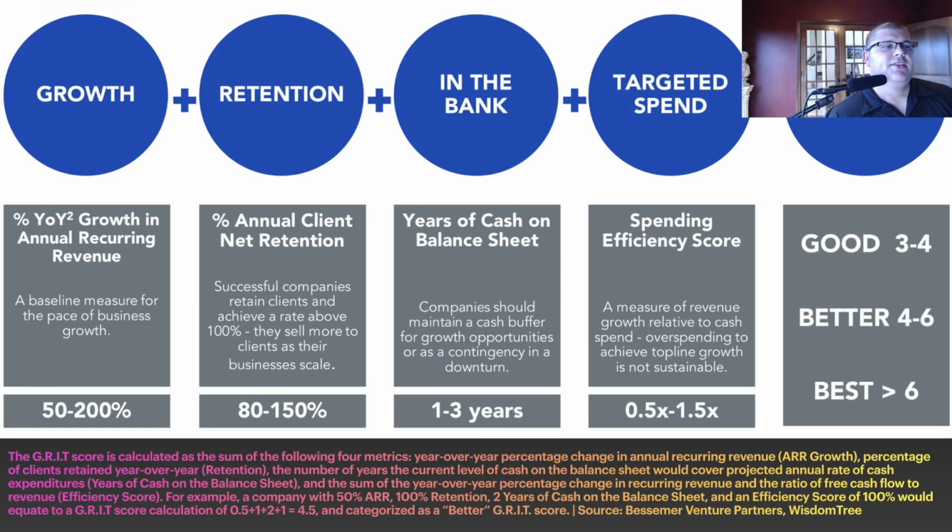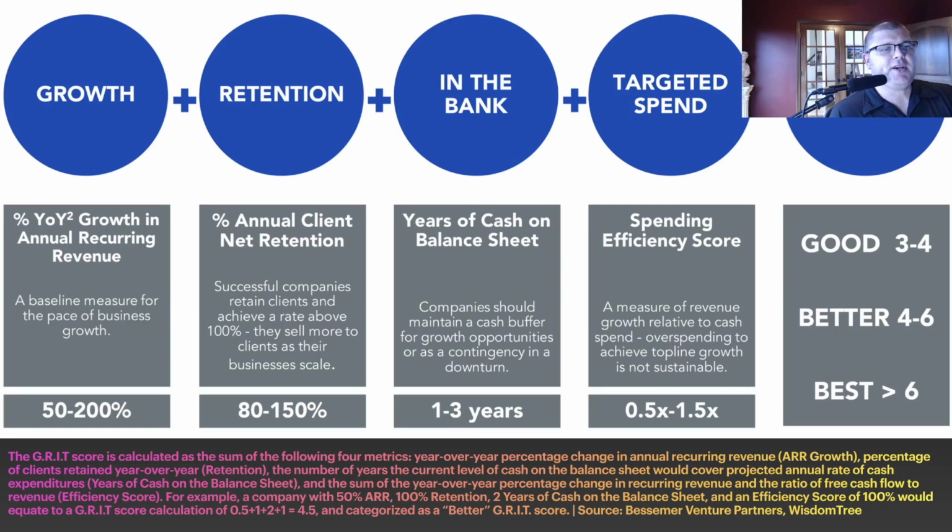In the bank, that's the number of years of cash on the balance sheet, okay? So companies should maintain a cash buffer for growing opportunities or as a contingency in a downturn like we just had with COVID. We had companies that were going to go out of business because they didn't have any cash on their balance sheet. Some of them were able to borrow money, some of them weren't, and that's it for them. You want that between 1 and 3 years for a healthy company.